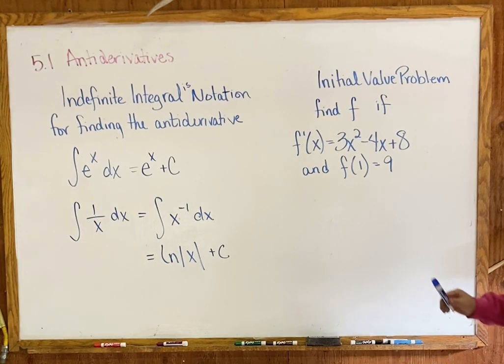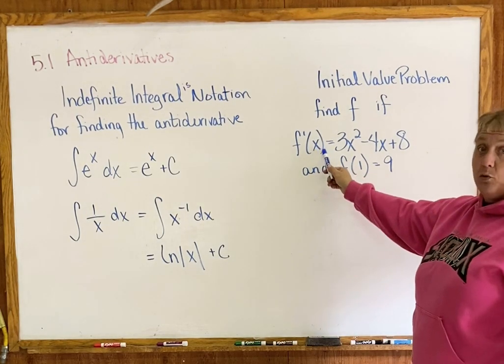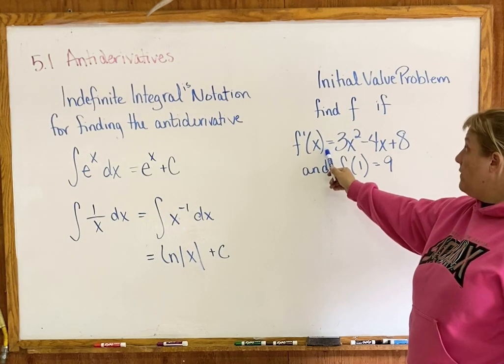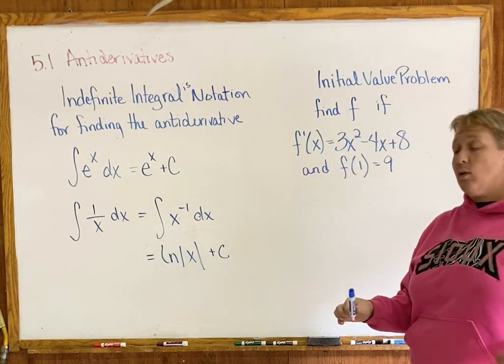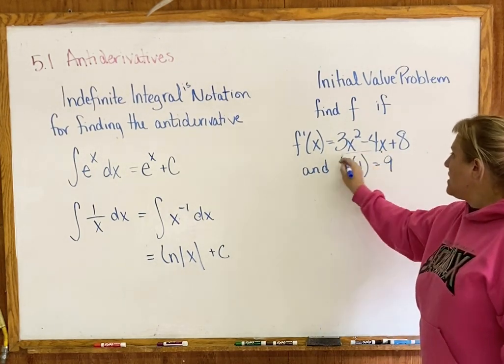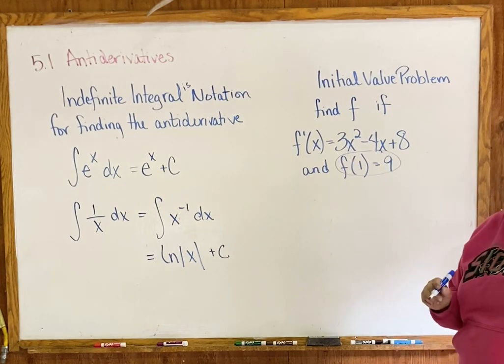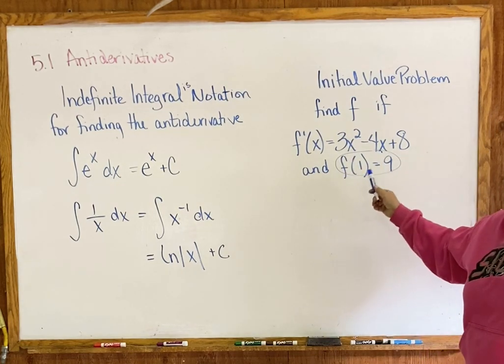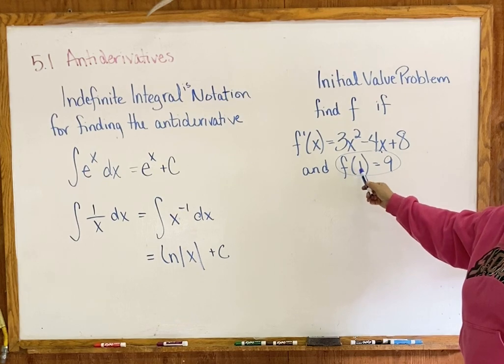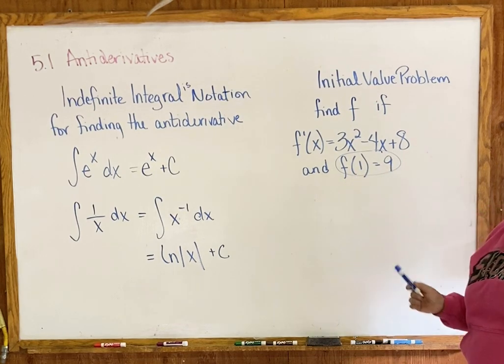All right, so an initial value problem, they're giving you the derivative, okay? They're giving you the derivative and they want us to go back and find the original function, but they've given us a little bit more information. They've given us an initial value. They're telling us when x is 1, the function is 9.